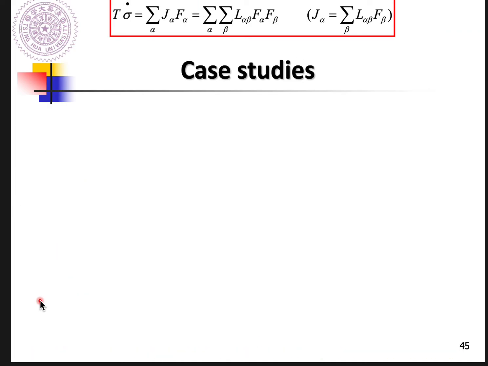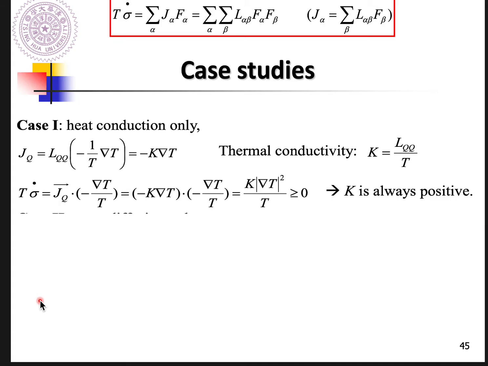But we did this to quantitatively describe the kinetics process. People always ask about the entropy production rate. So for this case, now we have the case we mentioned in Q1, where we have a material, then we apply a temperature gradient on it. There's only one driving force applied on this system. Can you just simply calculate the entropy production rate?